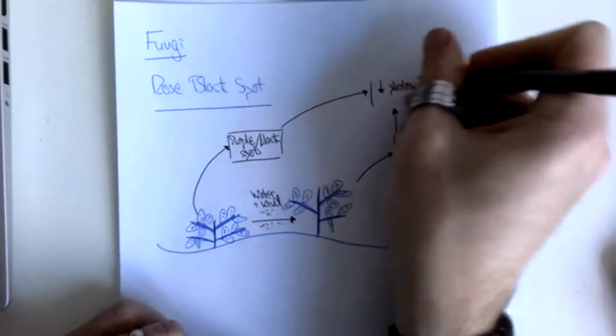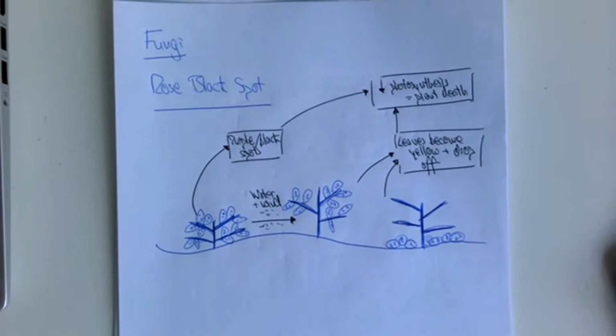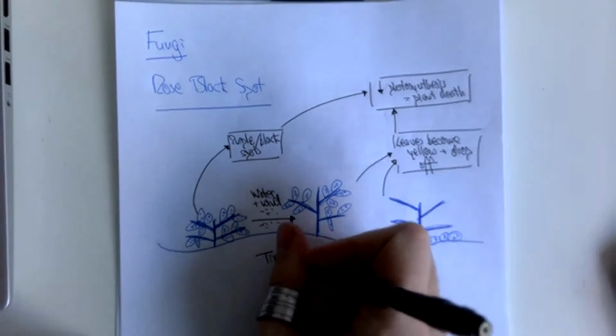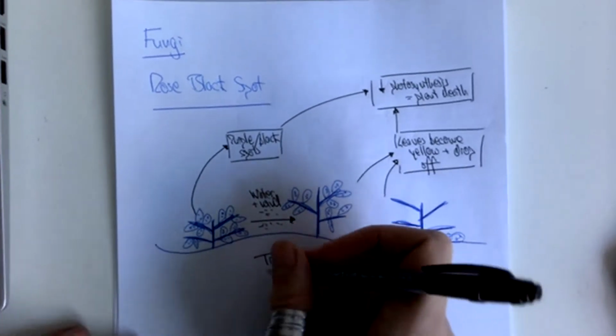Now, common treatments and preventive measures for rose black spot are the use of fungicides to kill off the fungal spores.